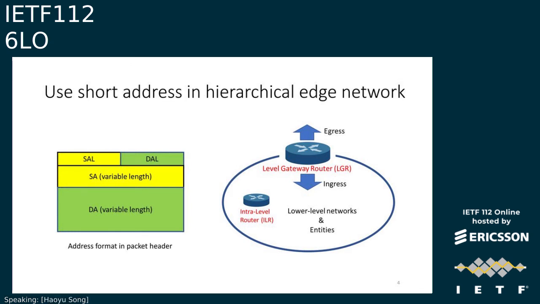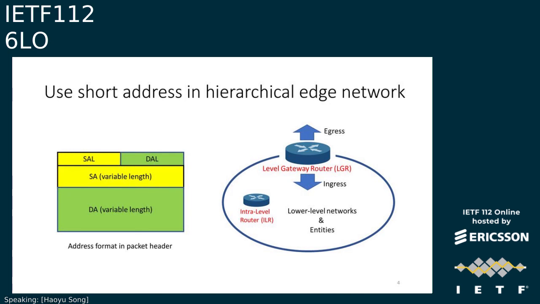For the address part of the packet header, we only maintain the length of the source address and the destination address, followed by the two variable-length fields, the source address and the destination address. In this way, we can really compress the address part of the header. For the network architecture, we will have multiple levels of subnetworks, and each level will have one or more gateway routers. We call them level gateway routers.